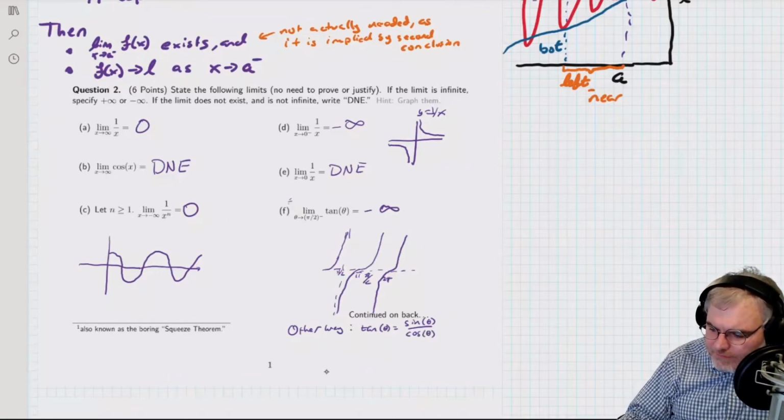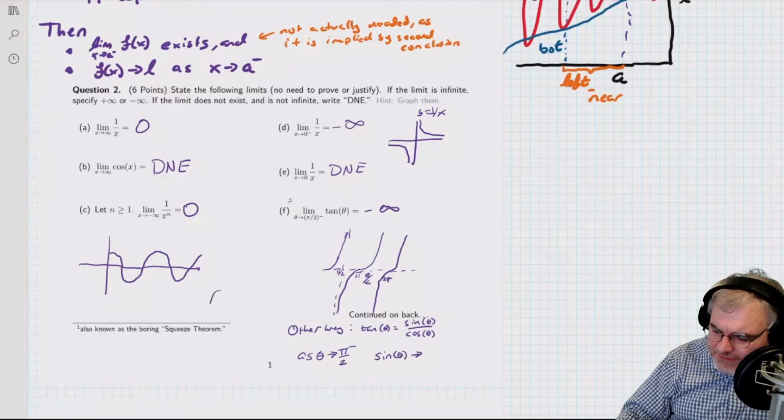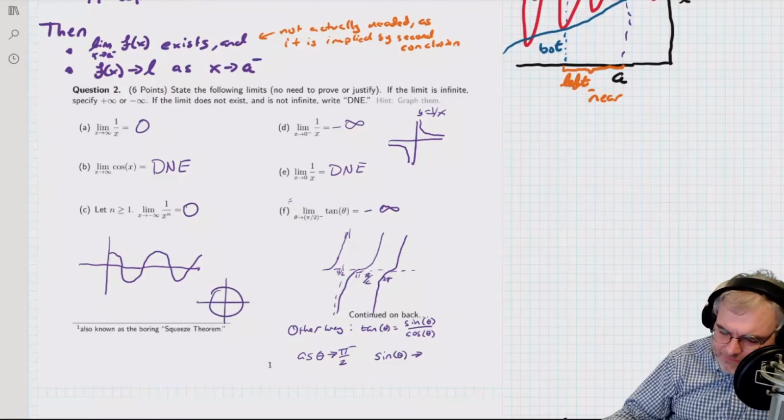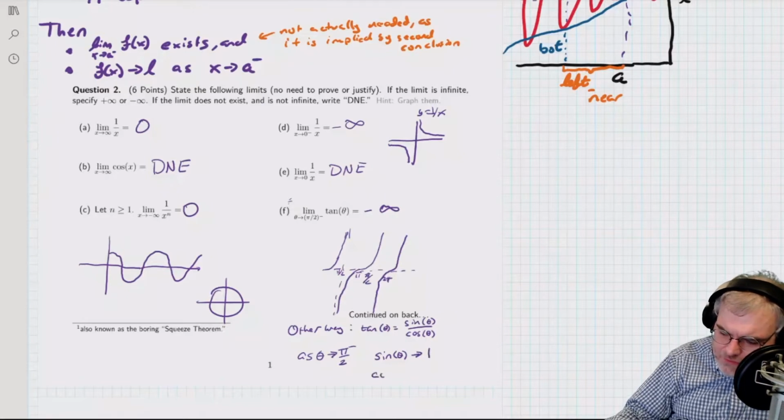So, as theta goes to pi over 2 from the left, where does sine go? Well, sine heads to 1. And cosine heads to 0. But it heads to 0 from where?